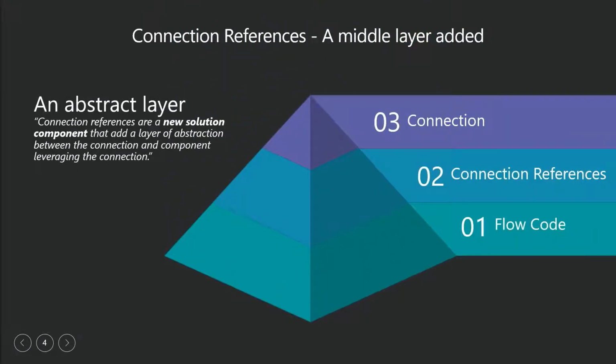It's basically an abstract middle layer that Microsoft added in between your flow or Canvas app and the connection itself. So now we have an abstract layer called connection references that allows us to set a reference on the flow or Canvas app itself, and then at the time of import, configure the connection itself on it.